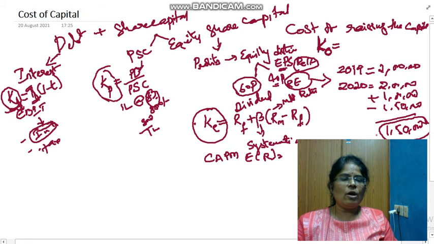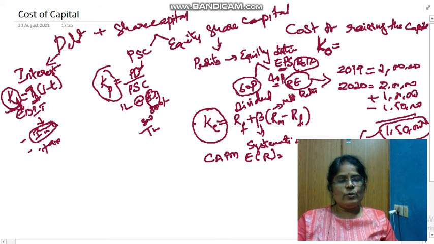This is how you can use this fund for further operations. So when you talk about the capital structure of an existing company, the three sources we are discussing, debt, preference share capital and equity share capital, along with that you also have to add retained earnings.